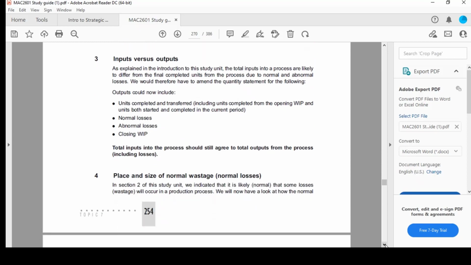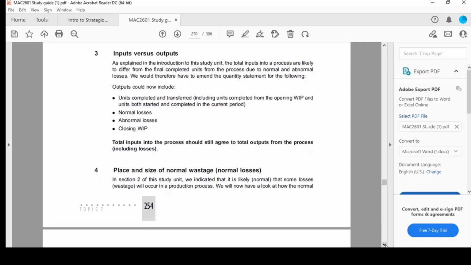Cool. So now we will look at input versus output and how normal loss plays a role, or what the implications are. Can I just take 2 steps back?